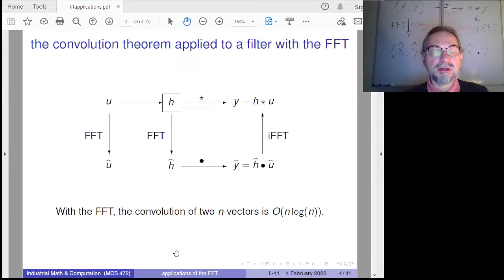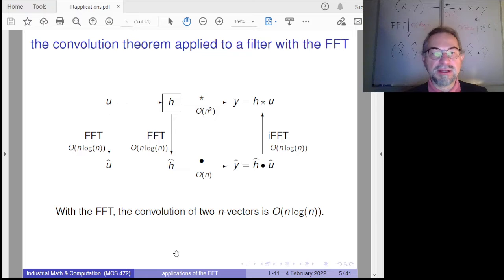Now, if we do the fast Fourier transform on the input and on the impulse response, then the inverse fast Fourier transform on the component-wise multiplication, so the first component of u with the first component of h, second component of u times the second component of h, very regular, then we have the output of our filter.